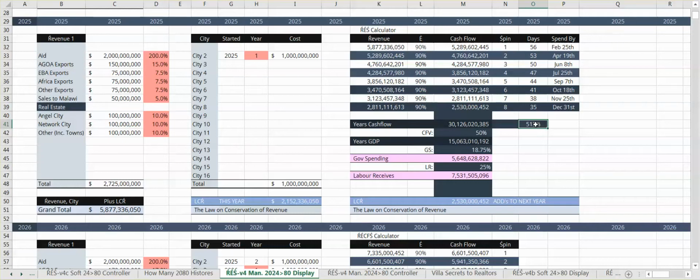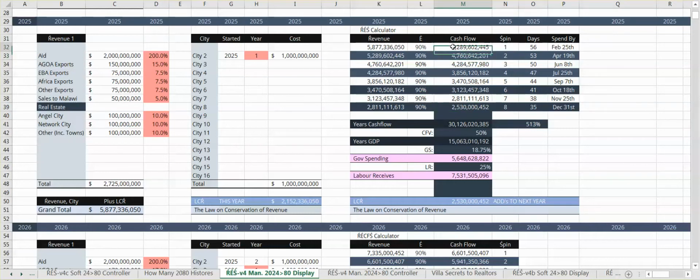Important to this process, and this is very important, is that whatever cash flow remains after the last spin is carried forward as revenue in the following year in an action called the LCR, Law of Conservation of Revenue. This money here, that's the last spin.